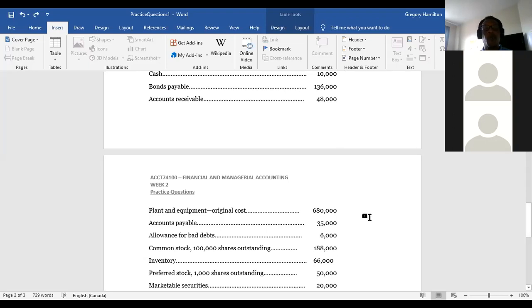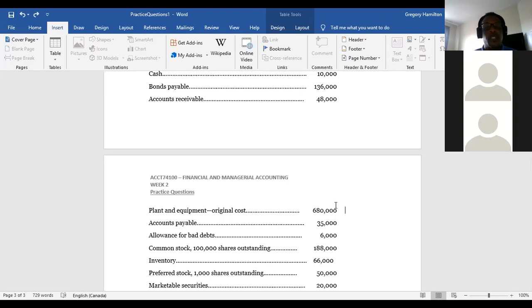Then we spoke about plant and equipment before. You notice here that it says plant and equipment at original cost, so you need to take away accumulated depreciation from this. Accounts payable is where the company purchased goods on credit. If the company purchases goods on credit, that will go towards increasing the accounts payable.